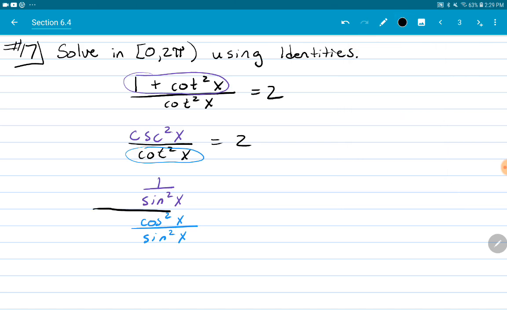And that is still a giant fraction equal to 2, but that simplifies. We have a common denominator here of sine squared, so those will cancel, and I'm left with 1 over cosine squared x equals 2.